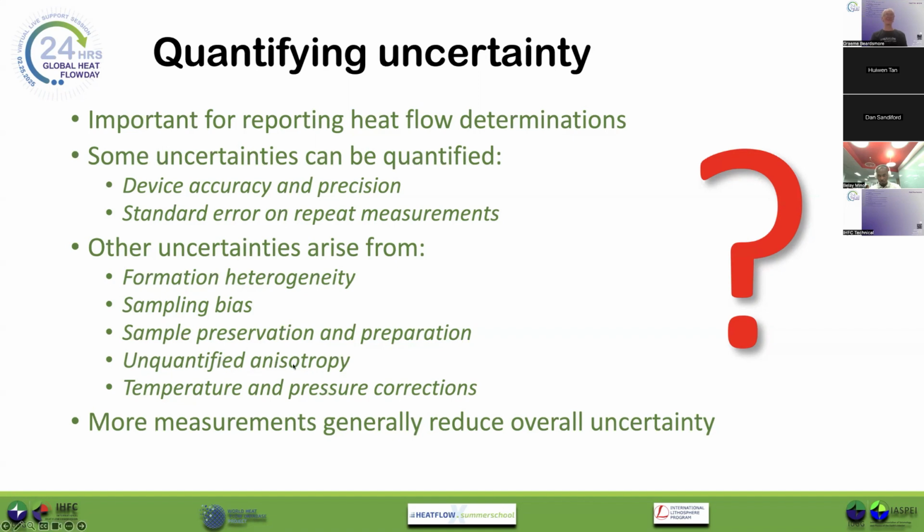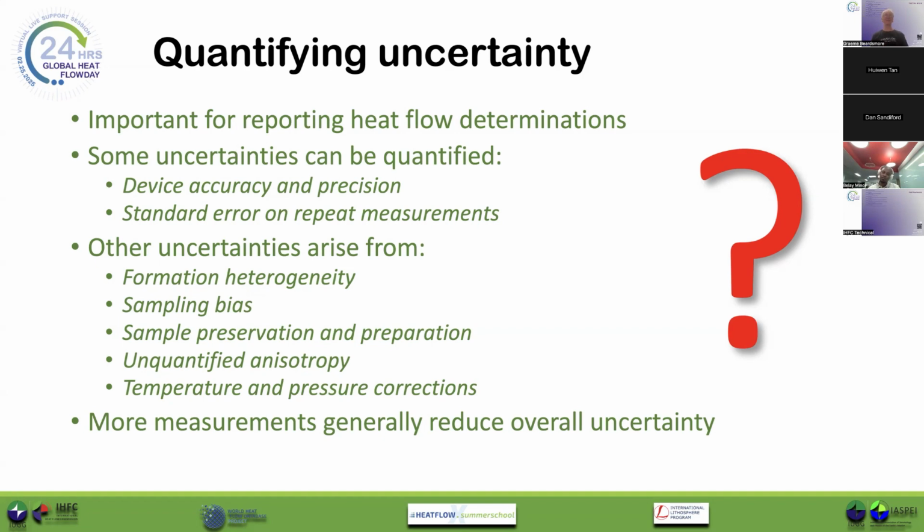Whether or not we've quantified anisotropy, generally not. So how does the potential for anisotropy affect the uncertainty of our inferred thermal conductivity? And then what additional uncertainty has been introduced by applying temperature and pressure corrections. So when you add up all these, it can be quite some level of uncertainty in the overall estimate of thermal conductivity.